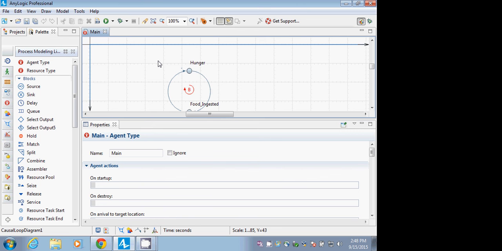It tends to decrease it. So there's a negative feedback here. Do you see it? It goes like this. It's a negative feedback.